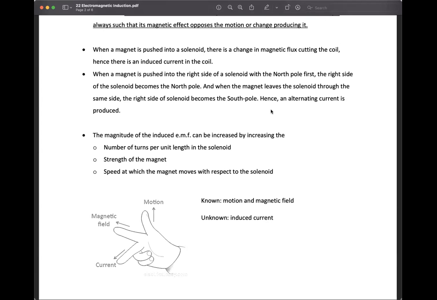When a magnet is pushed into the right side of the solenoid with the north pole first, the right side of the solenoid becomes the north pole. When the magnet leaves the solenoid through the same side, the right side of the solenoid becomes the south pole. Hence, an alternating current is produced.